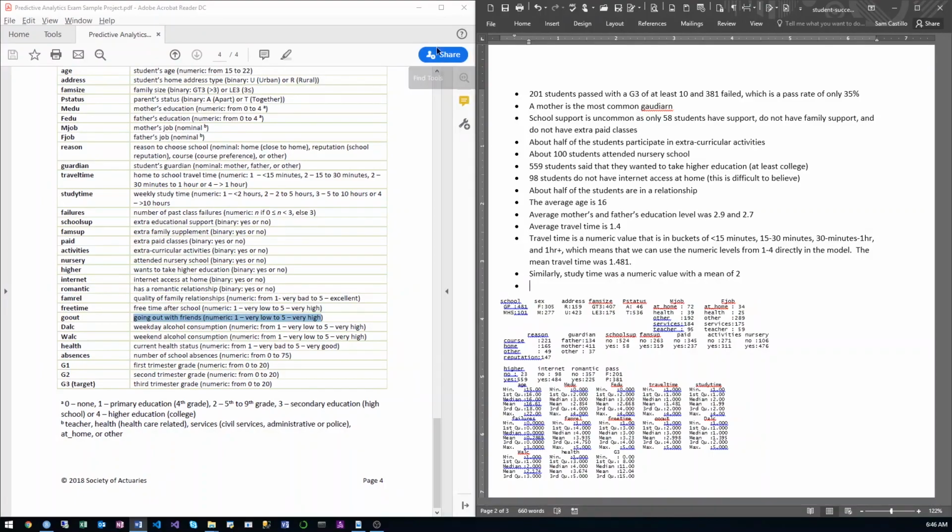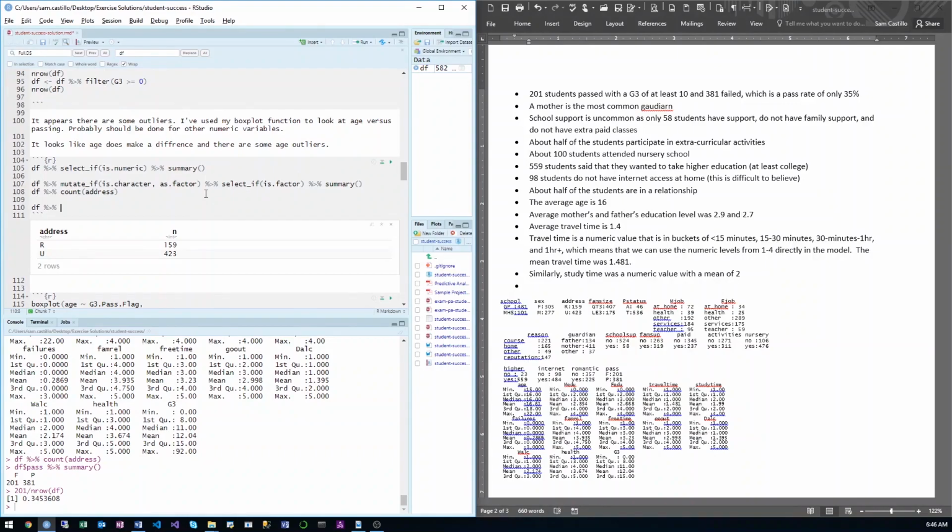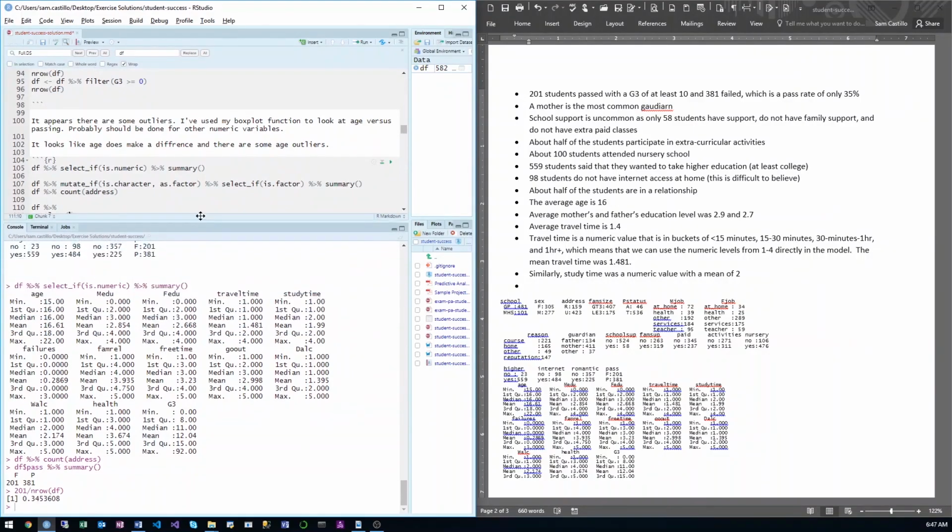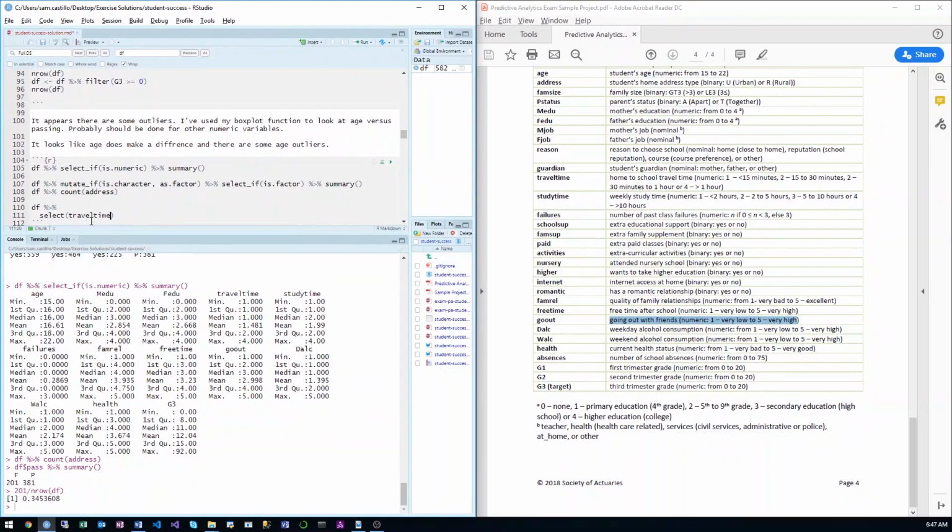So is it better in this case to look at these from a frequency perspective? If we want to do that, we can say df select, and then I'll select the variables that I want: travel time, study time, famrel, free time, go out, Dalc, Walc, health. I'm looking at all of the variables that have a numeric range, like travel time, study time, free time, and so forth.